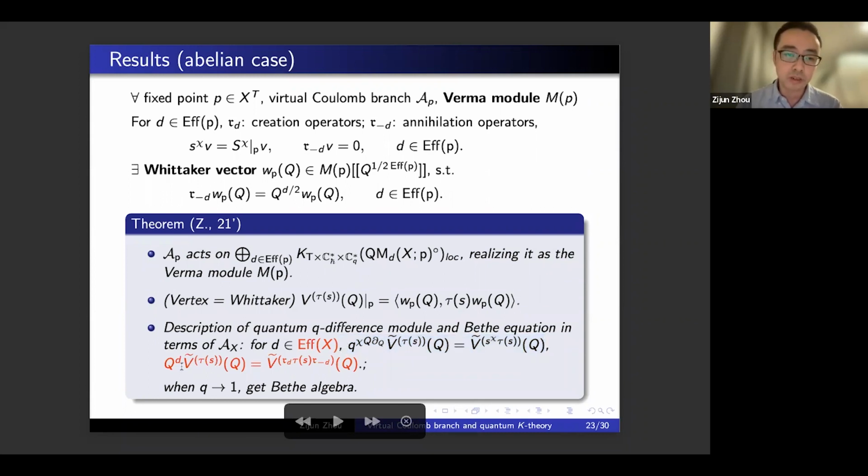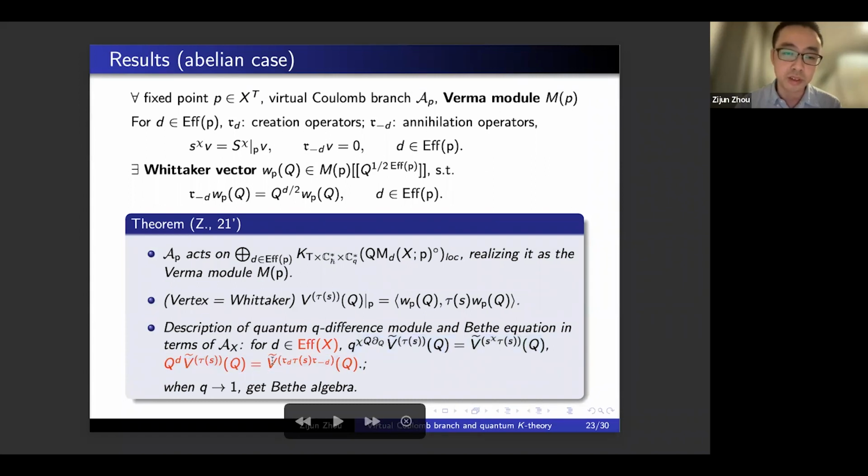And now we have another equation coming, which is described by the virtual Coulomb branch. This equation describes what you get if you apply a q-difference operator to the vertex function, and this one describes what you get if you multiply the vertex function by any parameter.